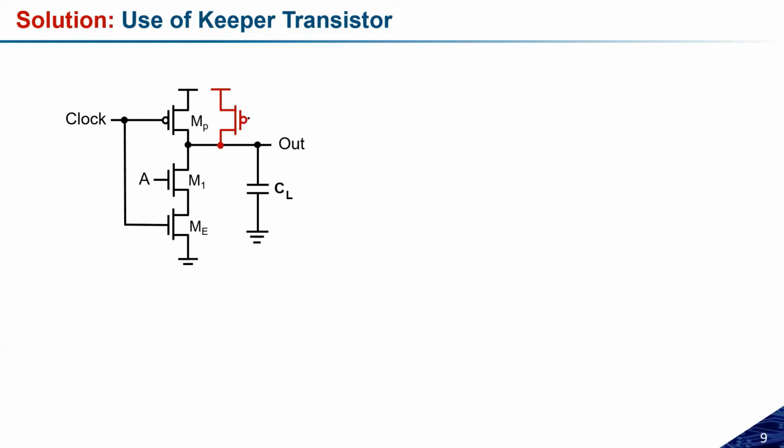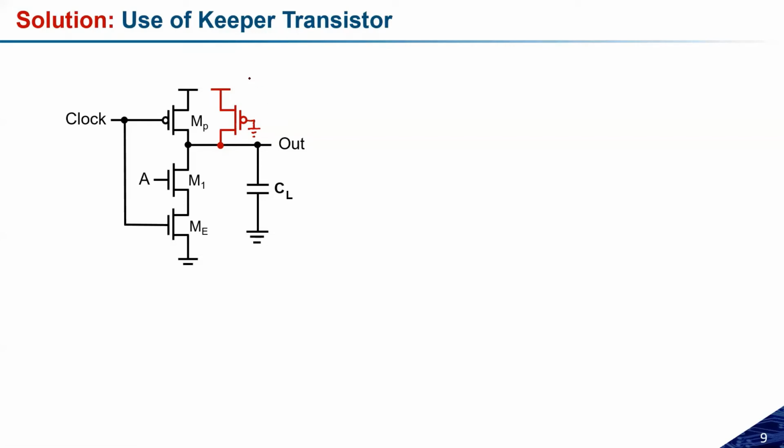And the size of this transistor, and to turn on this PMOS transistor, because we want to keep the dynamic node high, it should be strong enough. In that case, I need to connect this with the ground. If I have connected it with the ground, then the output node will not discharge due to this charge leakage. And of course, the important thing is this keeper transistor, we can also call it the breeder transistor.